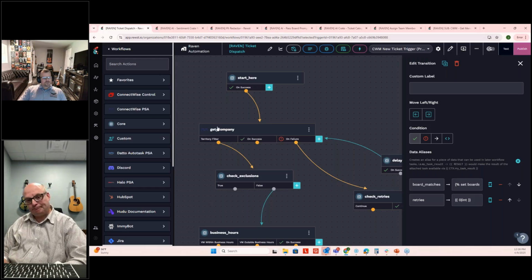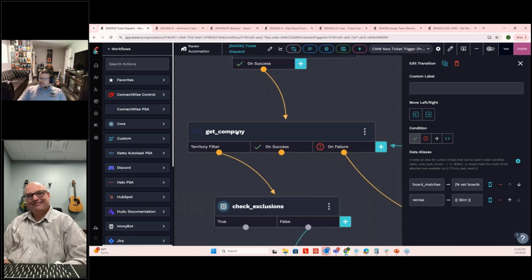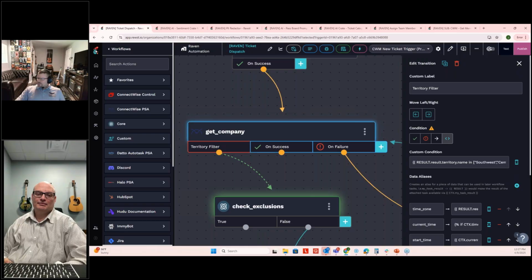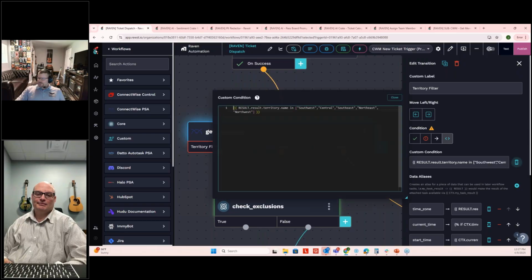It's a good thing you brought up geography, because that's the next thing that we look at. In this case, we have a get company action, and the first thing we're looking for with this is a territory based filter. We look for a territory name: Southwest, Central, Southeast, Northeast, or Northwest.